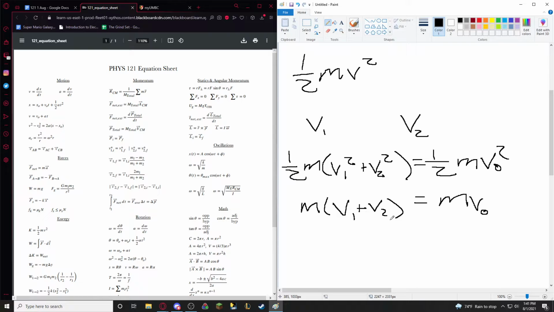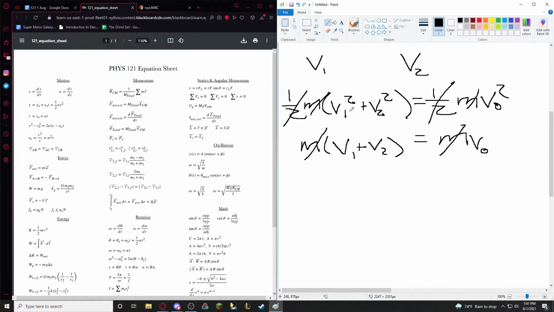Right? So let's simplify both these equations. Mass cancels out for both equations, and the 1/2 also cancels out. So we know that v1 squared plus v2 squared has to equal v naught squared, and also v1 plus v2 has to equal v naught.